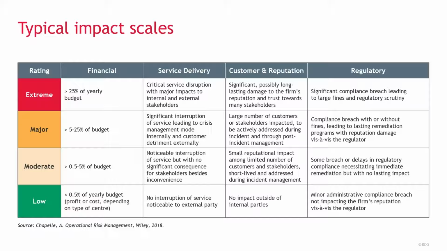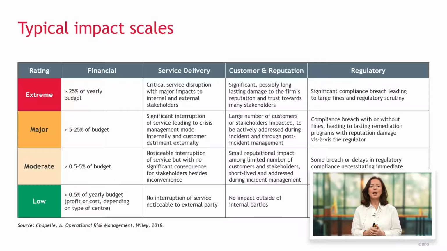Just a word of caution, because I see some deviations or some poor practices in firms. Make sure that the severity of your different impacts aligns also in terms of financial significance.